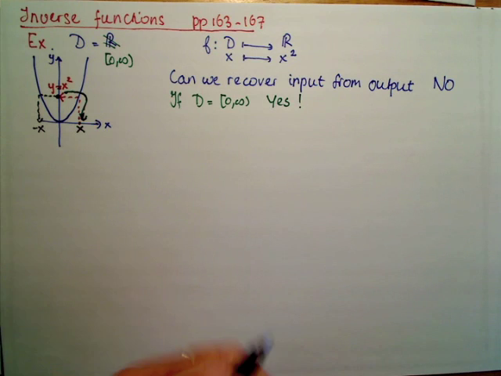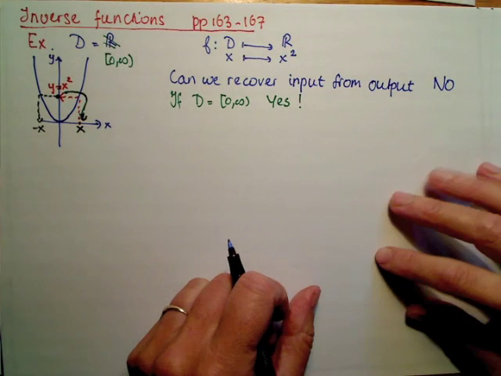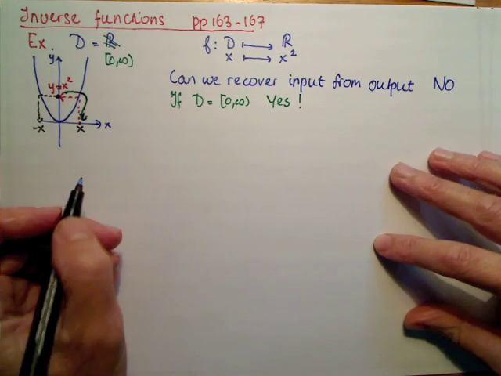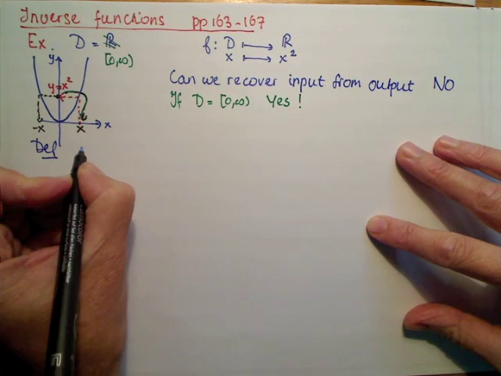So what is now the characteristic of a function which has the property that we can recover the input from the output? Well, this property can be mathematically described as follows. So it's the following definition.